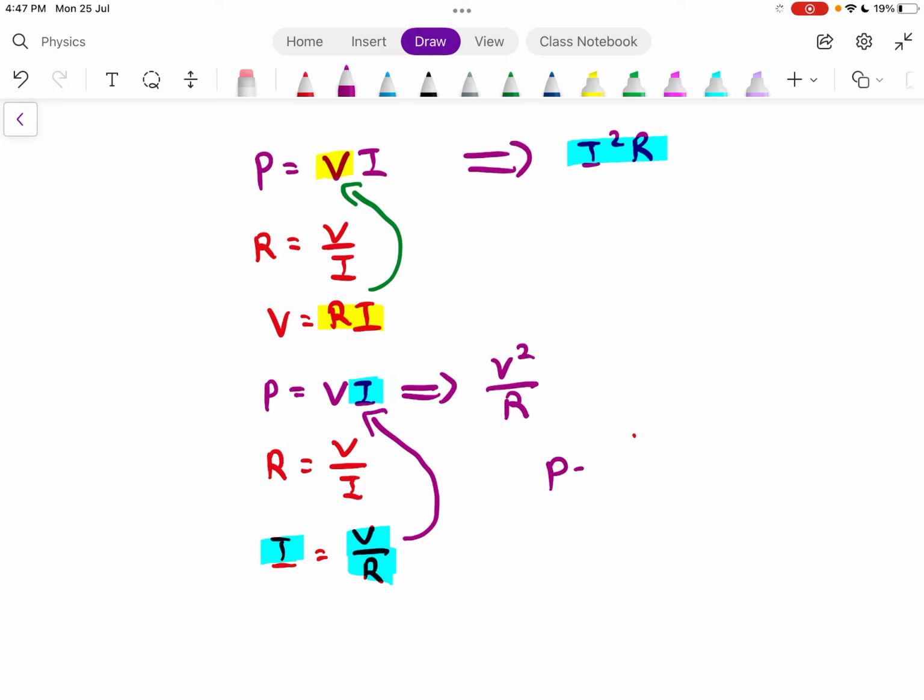So P is equal to V multiplied by V over R, which is V square over R. That's how we derive the second and third forms of power. But of course you don't need to derive, just memorize by heart.